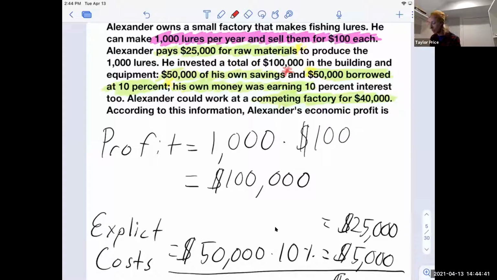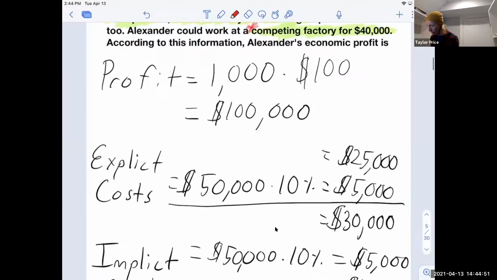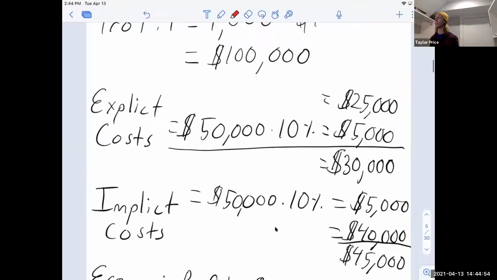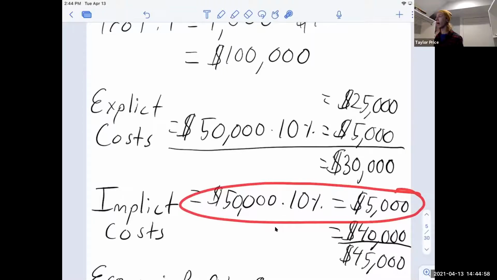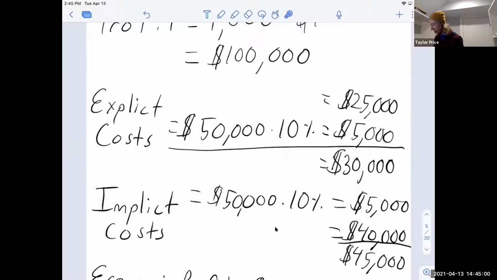The second one is the wages that he was previously earning at the factory of $40,000. So for implicit costs, we're going to take the savings interest that he could have earned on his $50,000, and then the wages that he was being paid at his old job.